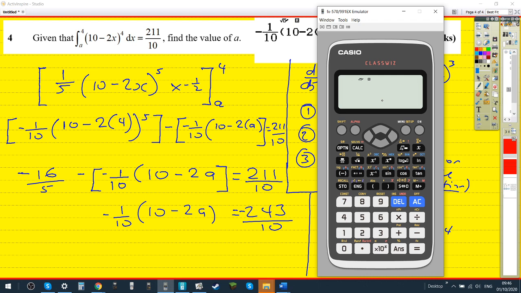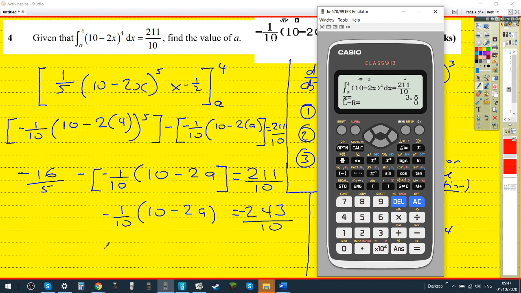Let's see. Ooh, the calculator's having a hard time. Something seems wrong with that. Did I put it in right? Oh, I didn't. Alpha equals 211 over 10. What was your number?